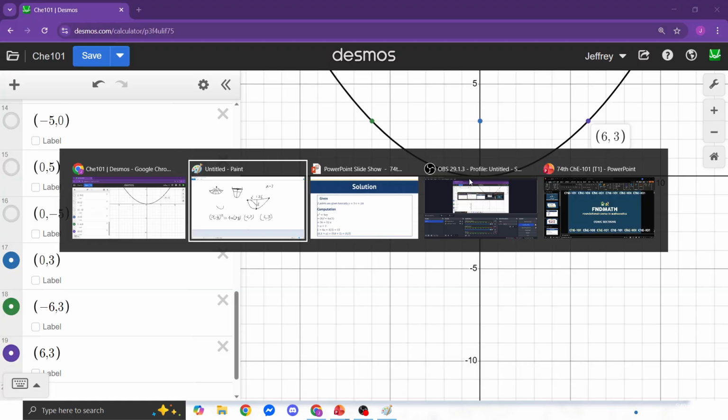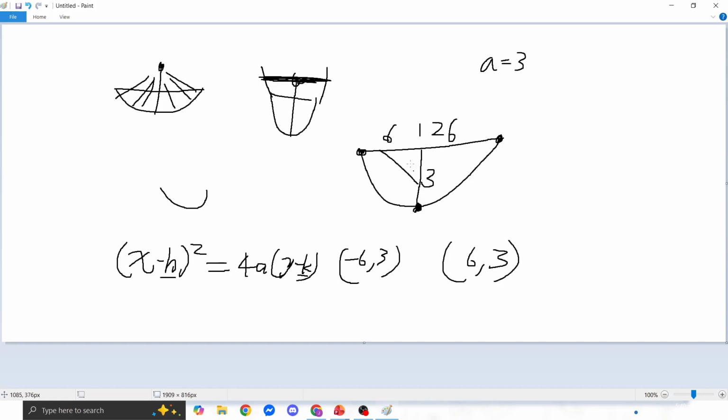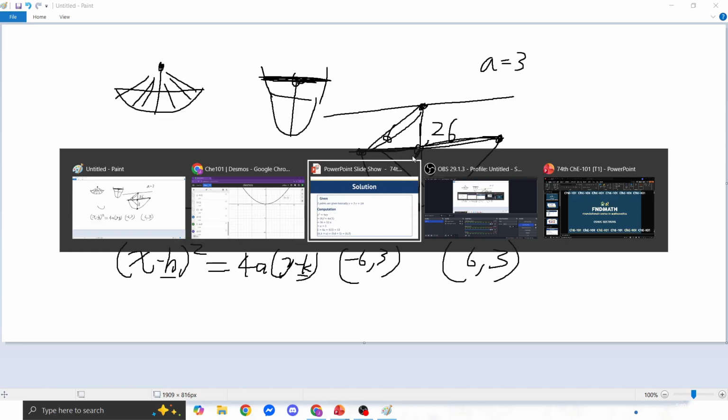That is our length of latus rectum. Sometimes the focus goes above, and that will have to go through a longer latus rectum. But apparently in this question, the focus is already here, so we don't have to do that.